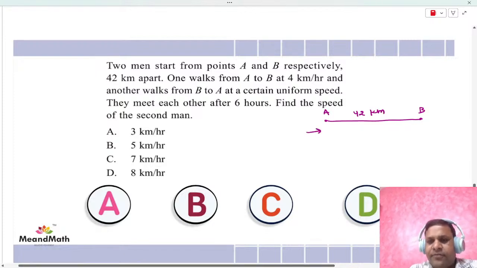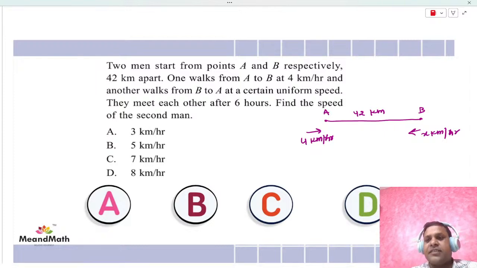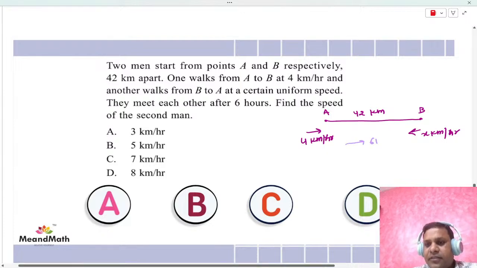The speed from A is 4 kilometers per hour, and from B to A the speed is unknown, x kilometers per hour. They meet each other after 6 hours. Both travel for 6 hours and they meet each other.